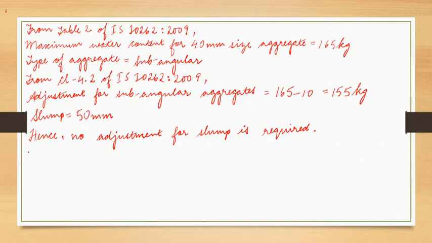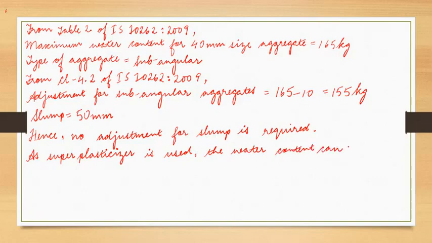Last amar ki ase, last adjustment is for the admixture used. Aru yate amar question at ki diya ase, admixture is super plasticizer. So as super plasticizer is used, the water content can be reduced. Kimankhini reduce korim ami?